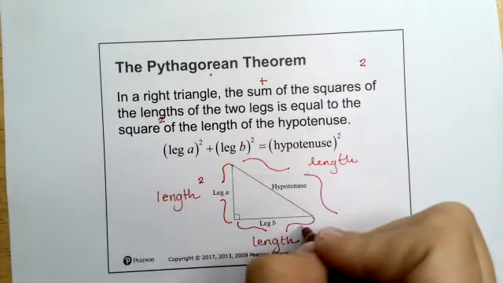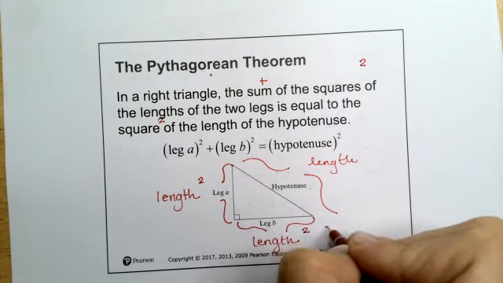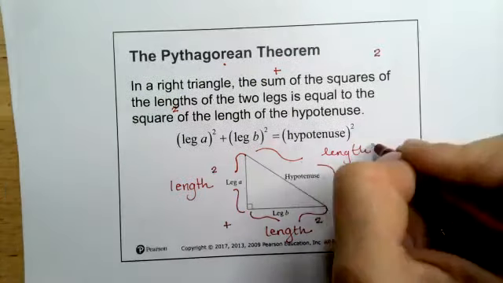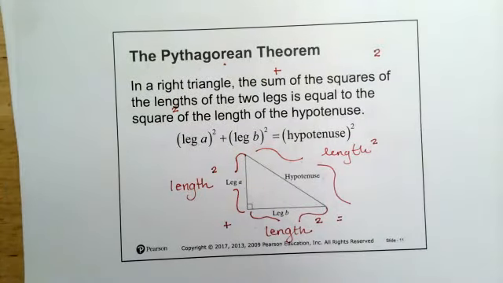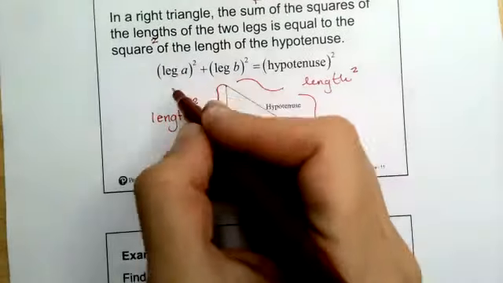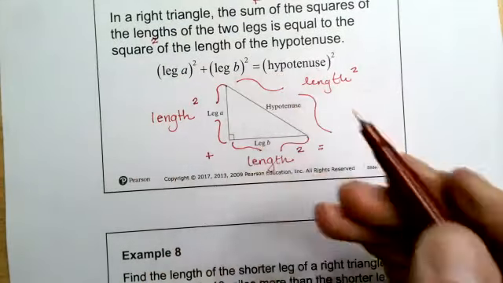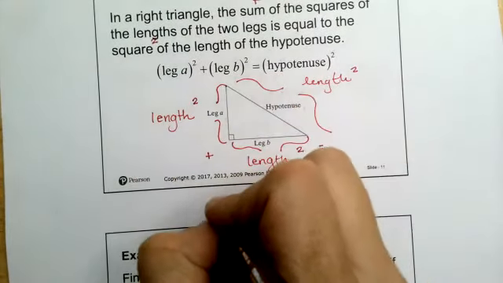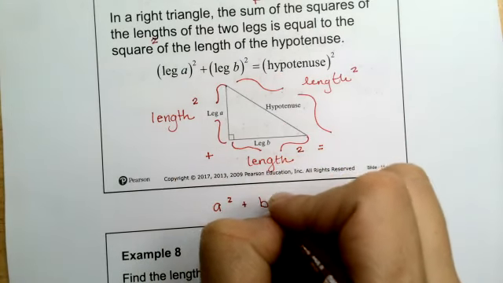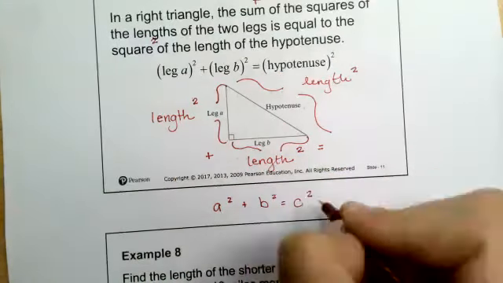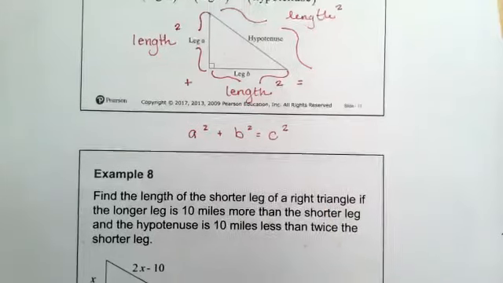So this length squared and this length squared added together is equal to this length squared, is what they're saying. Good. Okay, so the way we write that, a squared plus b squared equals hypotenuse squared. We call it a squared plus b squared equals c squared, just knowing that c is always your longest.